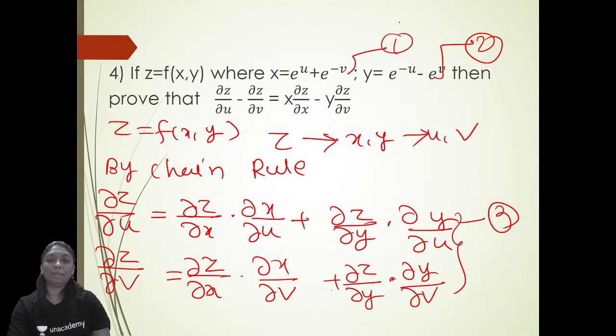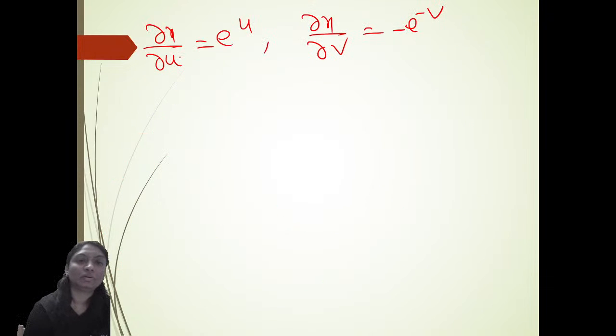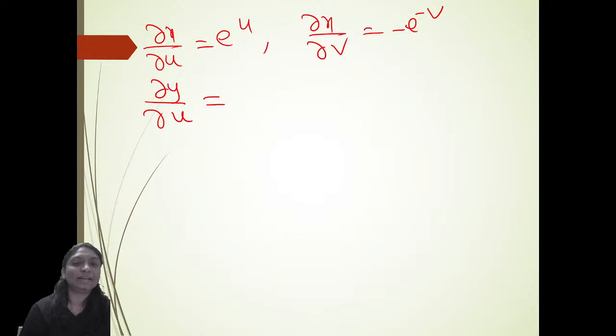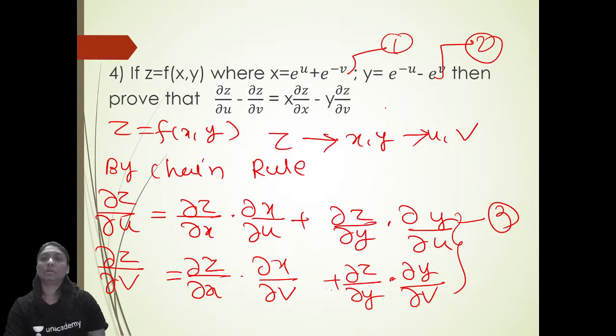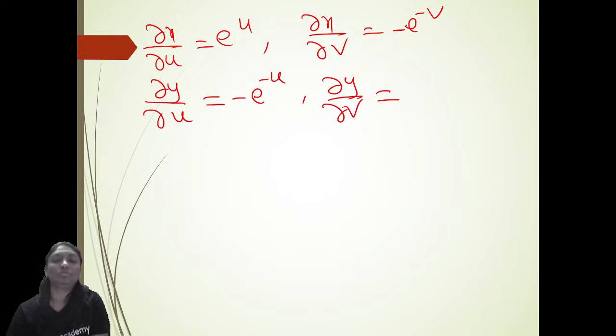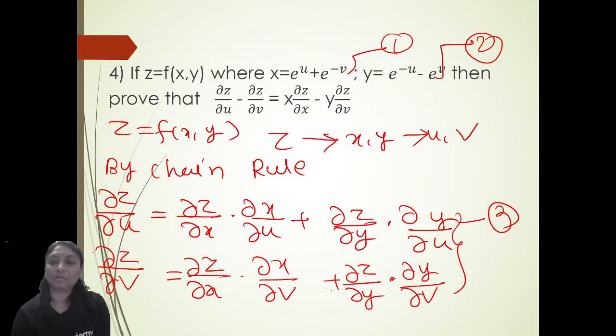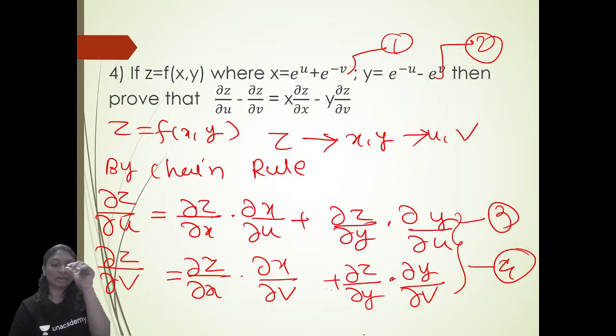Similarly, ∂y/∂u is equal to minus e raised to minus u, and ∂y/∂v is equal to minus e raised to v, right? So these are equation 3 and equation number 4. So put these values in equation 3 and 4.